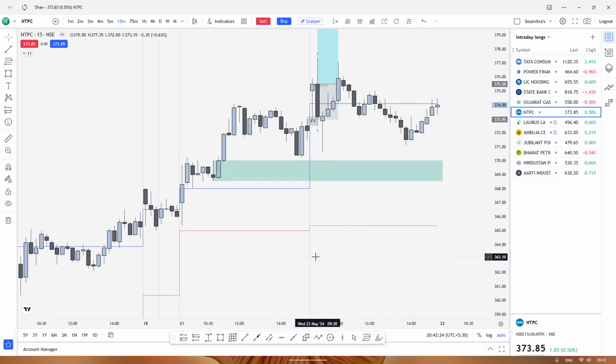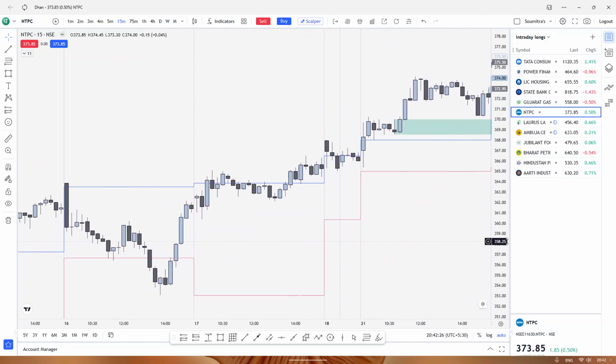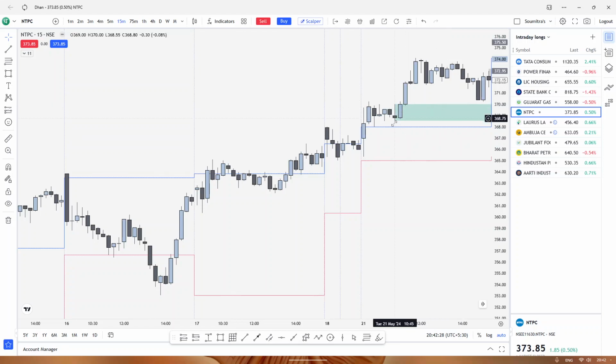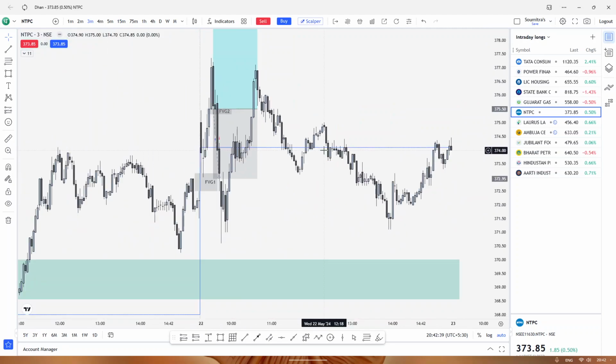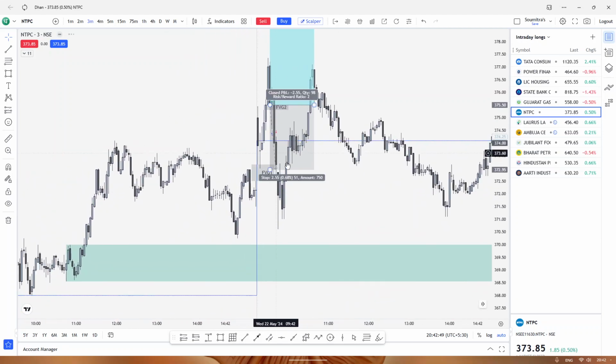So when we were marking the previous day, our target area was this. From here we should take a long trade, but since in the morning price did not come here, we took this trade based on the 2 FVG formation, and as you can see we encountered a stop loss.